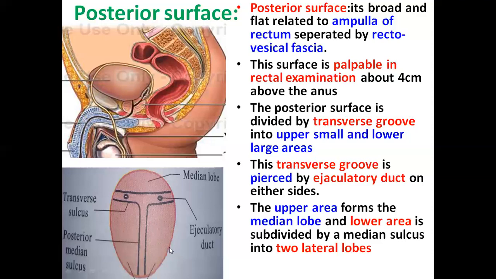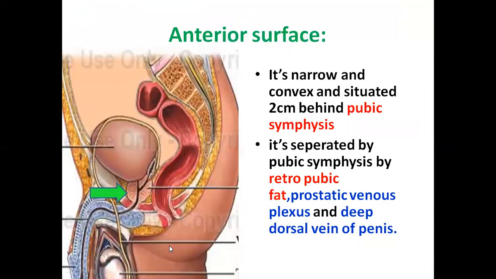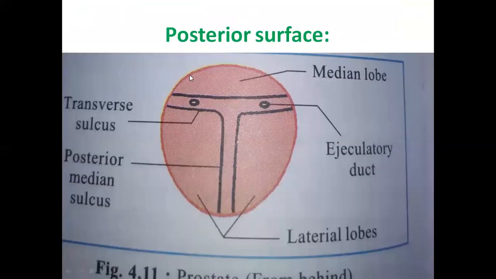With the help of this picture, we are able to understand a few things. This whole picture is exclusively helping us to understand the posterior surface of the prostate, where you are finding this transverse sulcus, two ejaculatory duct openings. We are finding the posterior median sulcus. Above the transverse sulcus, we have the median lobe. On either side of the posterior median sulcus, we have two lateral lobes.